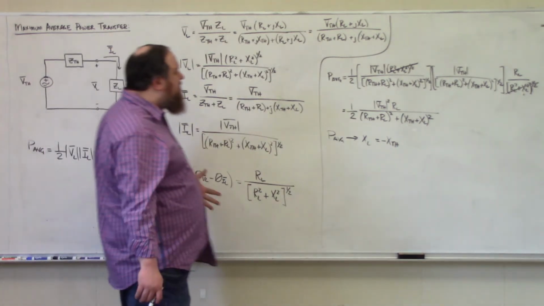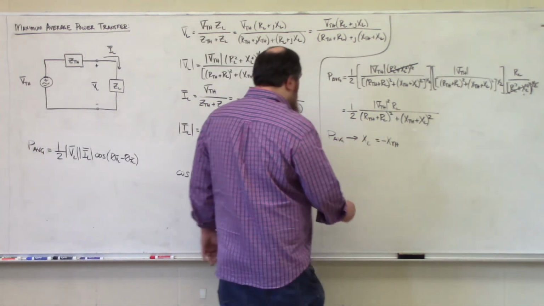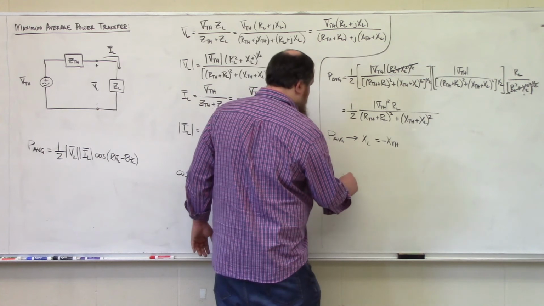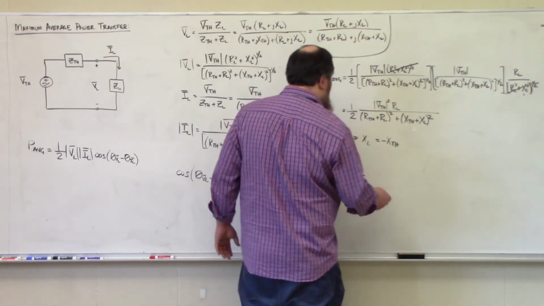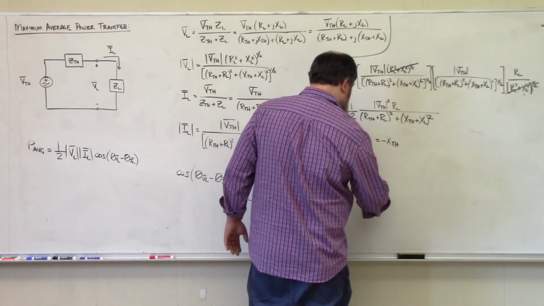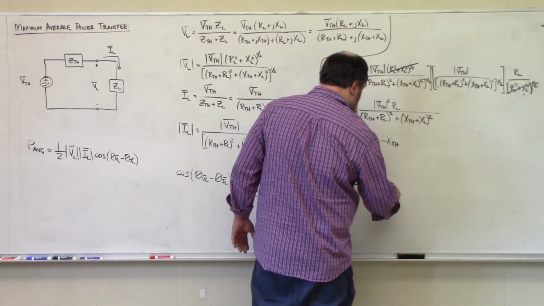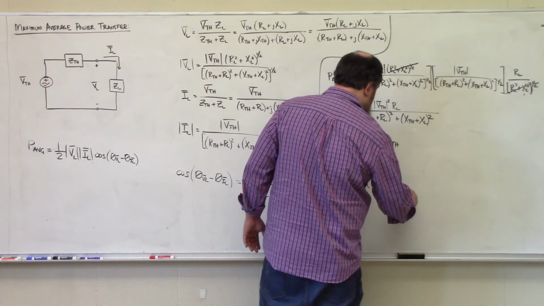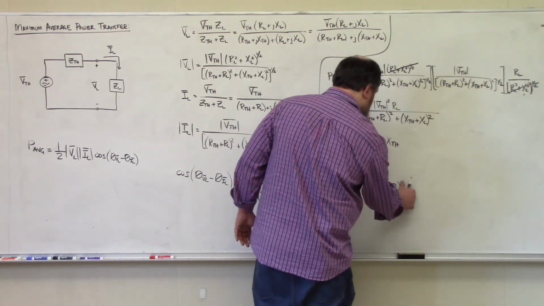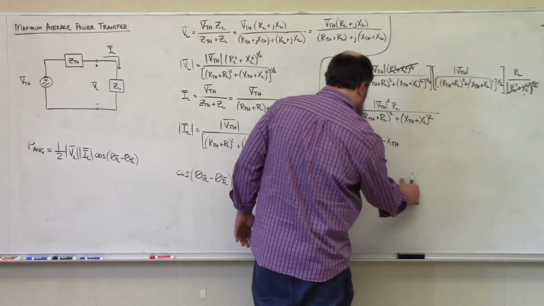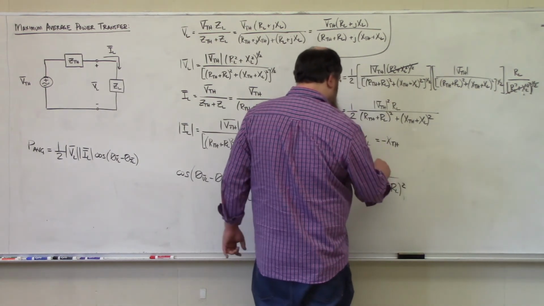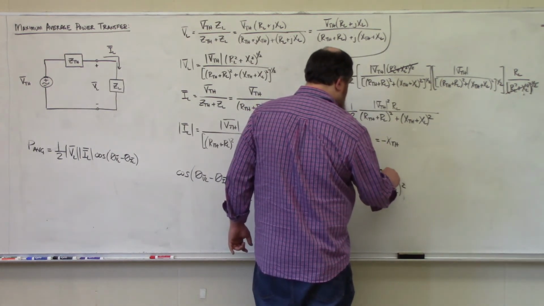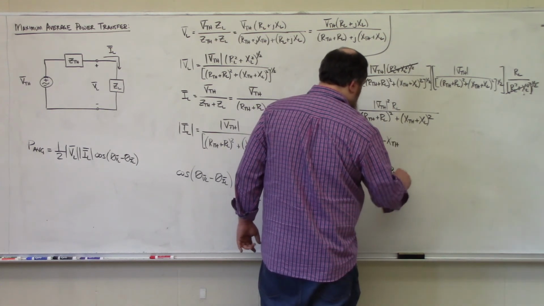Now, under the assumption that this is true, our average power reduces to 1/2 times the magnitude of our Thevenin voltage squared times RL, divided by RTH plus RL squared.